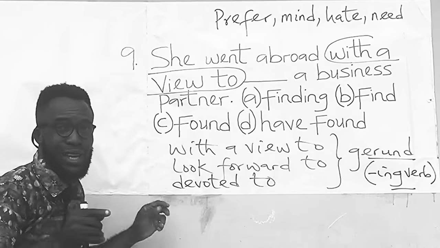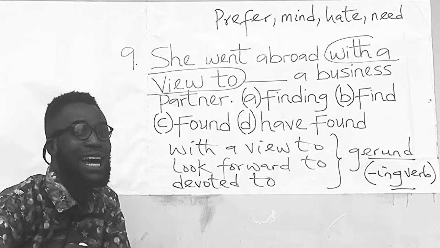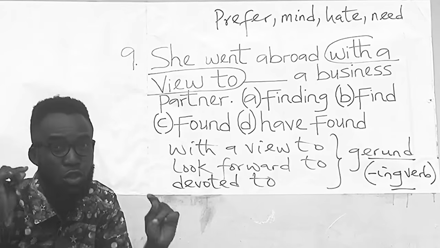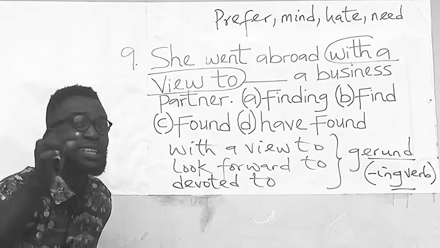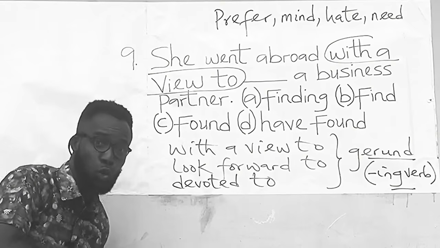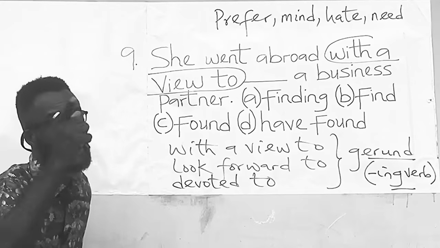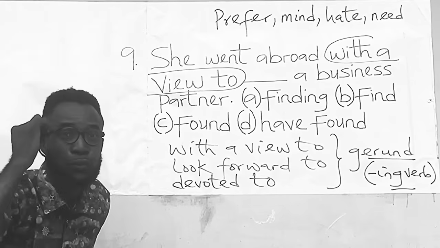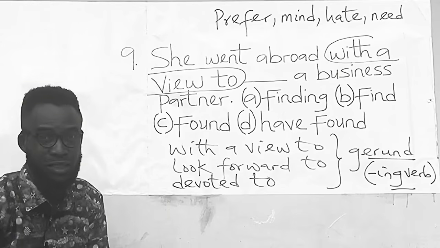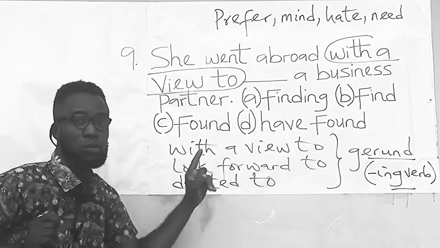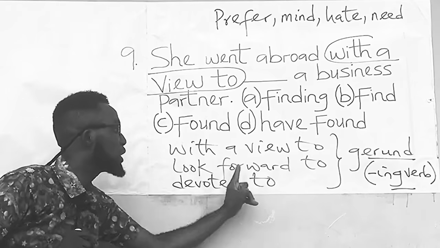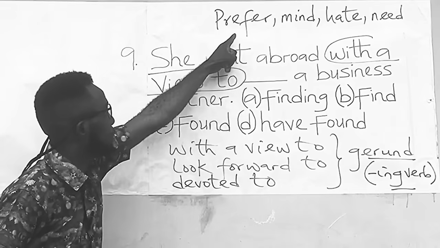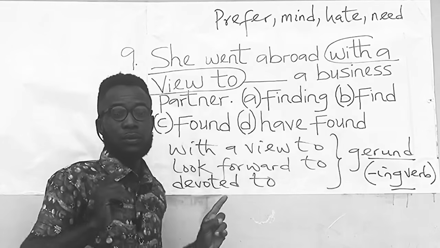In case you don't know, a gerund is a verb that ends with ing, though playing the role of a noun or taking the position of a noun. That is what you are expected to fill the gap with anytime an English question contains the phrase "with a view to", "look forward to", "devoted to", or the word "prefer", "mind", "hate", or "need".